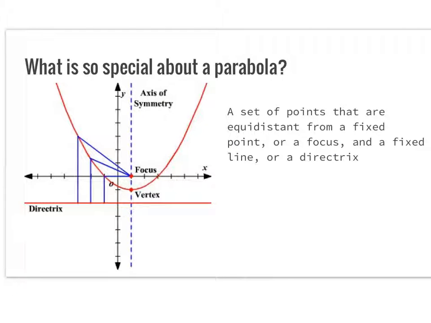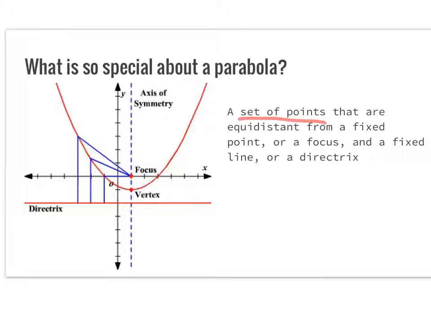And what is so special about this parabola? There's a mathematical definition: a parabola is defined as a set of points that are equidistant from a fixed point, called the focus, and a fixed line, called the directrix. Equidistant means the distances are equal.